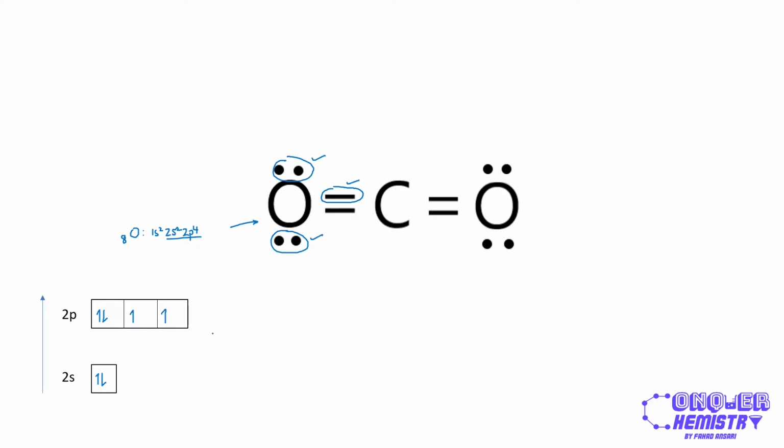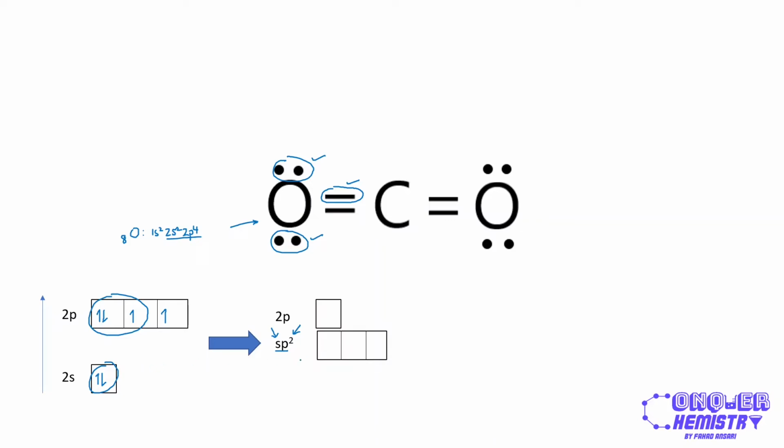Now, we need a total of three hybrid orbitals, right? Two of them need to be completely full and one needs to be half full. So we're going to pick this s orbital and two orbitals from the p subshell, and we get three new hybrid orbitals in the sp2 hybridization occurring here, because we have one orbital from the s and two from the p subshell going into this mixing process called hybridization.